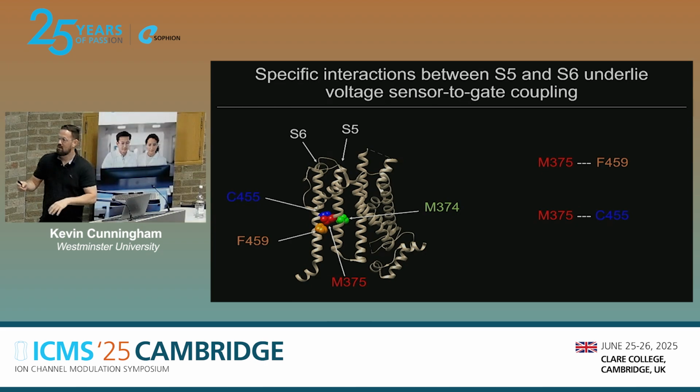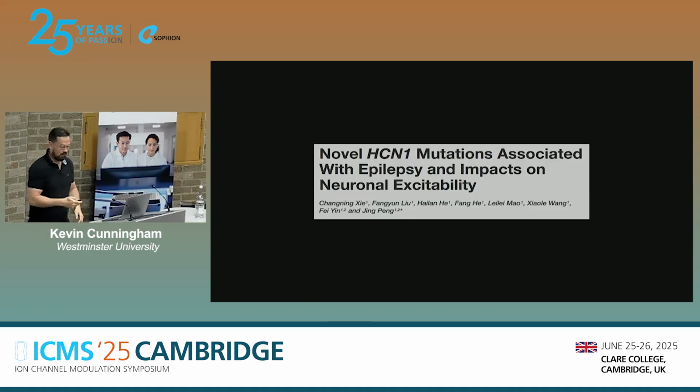So we were looking, again quite crudely, at what's going to interact with that phenylalanine 459. When we went through the literature, we found some mutations in epilepsy in that region. This was particularly in early infantile epileptic encephalopathy.